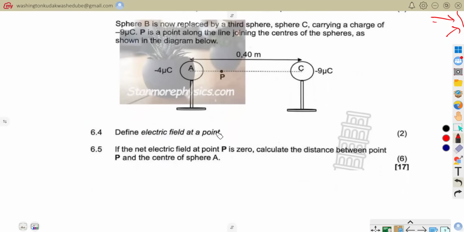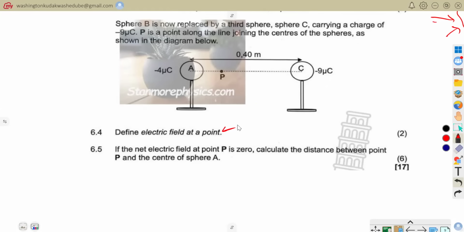Now they're saying define electric field at a point. This is just given by force per unit point charge. So the electric field at a point is the electrostatic force acting per unit point charge.